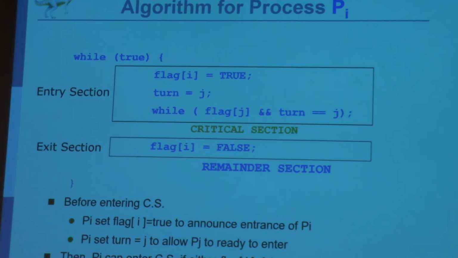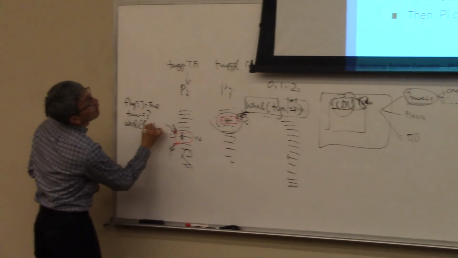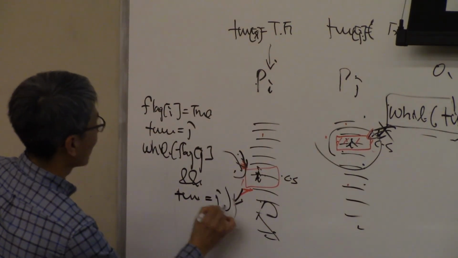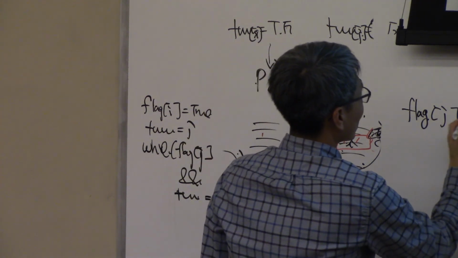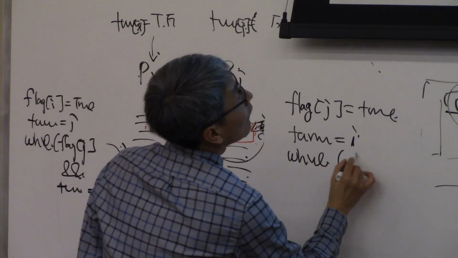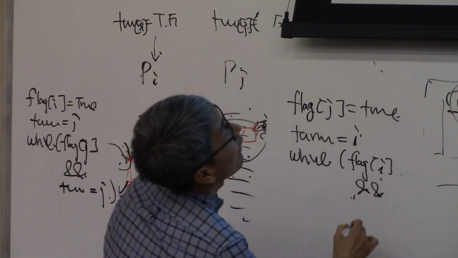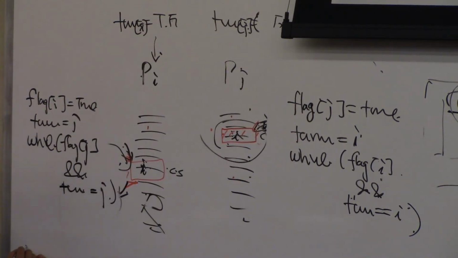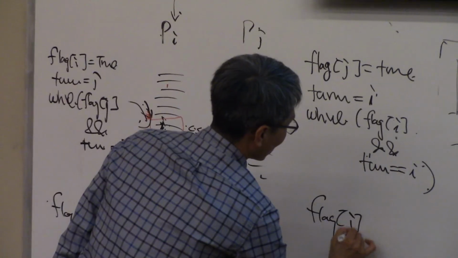Flag I is true, and turn is J, and the while loop: flag J and turn is equal to J. Similarly, PJ has the entry section: flag J is true, and turn is I, and the while loop: flag I, and turn is equal to I. And the exit section is flag I is equal to false, and flag J is false.